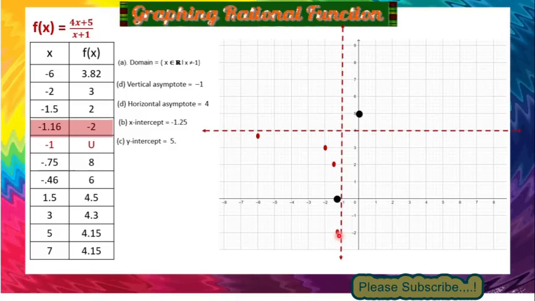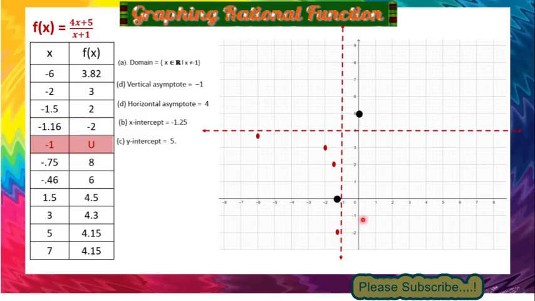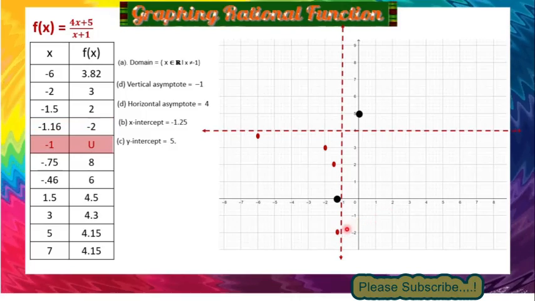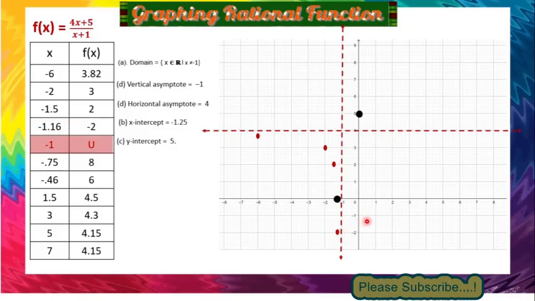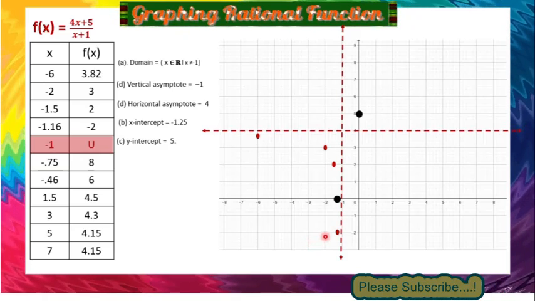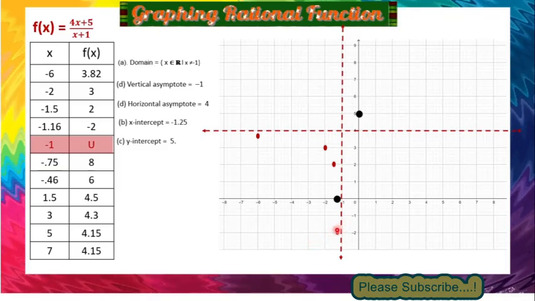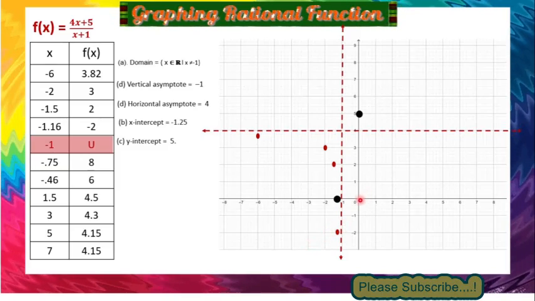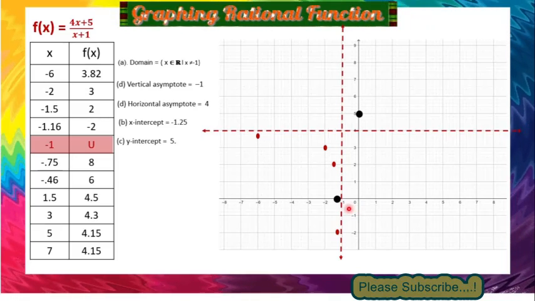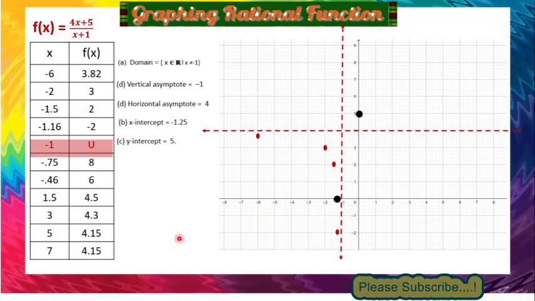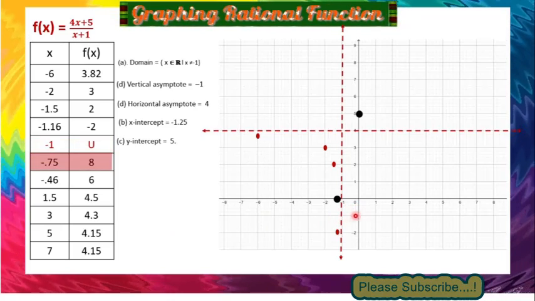Then we'll exclude that one because that is the part where our function is undefined, and that is our vertical asymptote. So our graph will not cross or touch that barrier or wall.